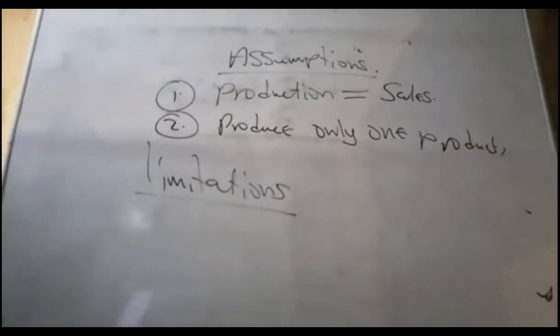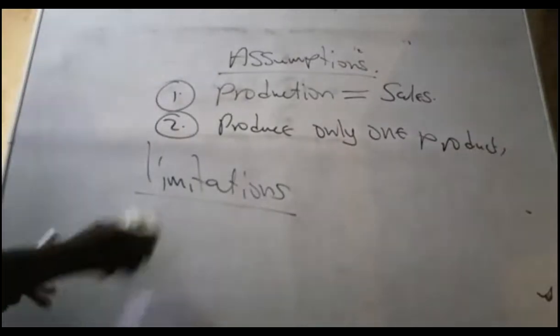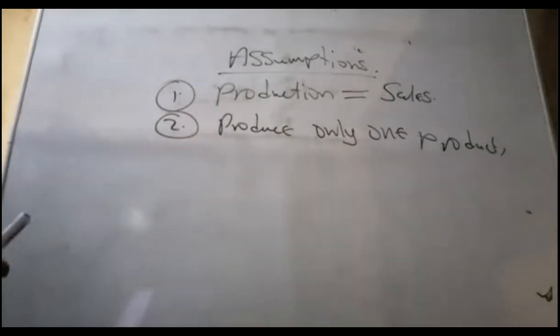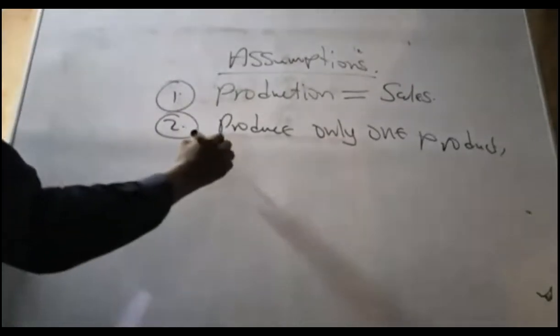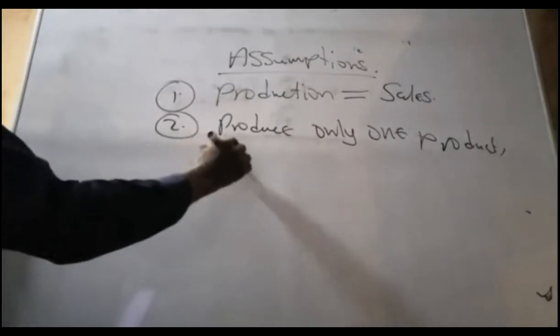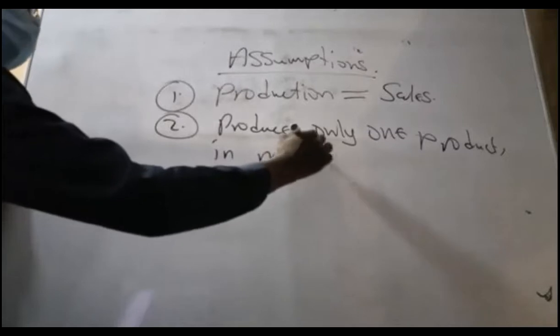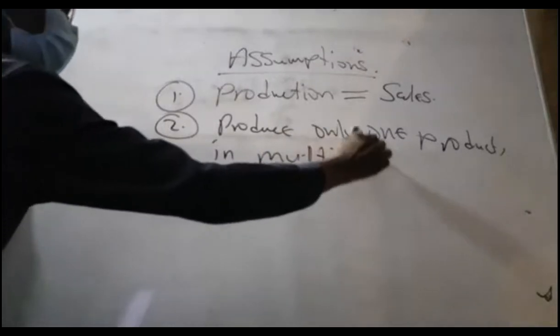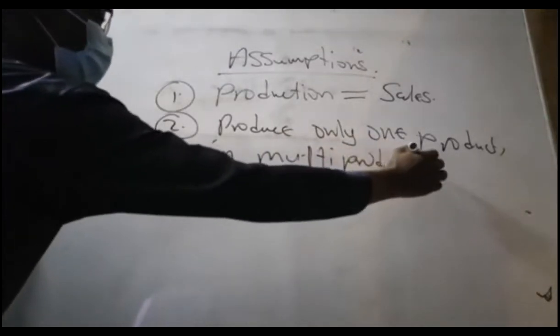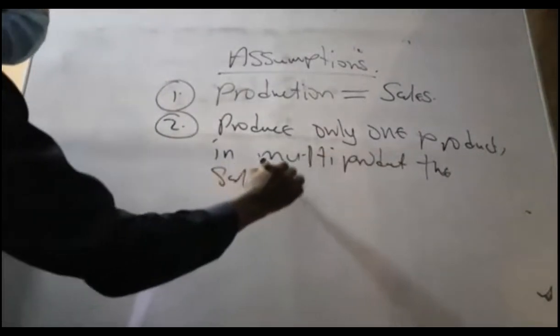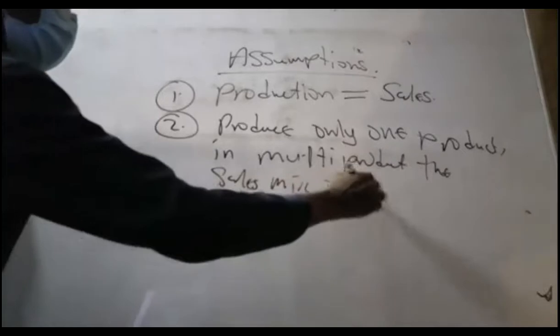Or in events where the company produces multi-products, the sales mix is constant. So in multi-product, the sales mix is what? Constant.